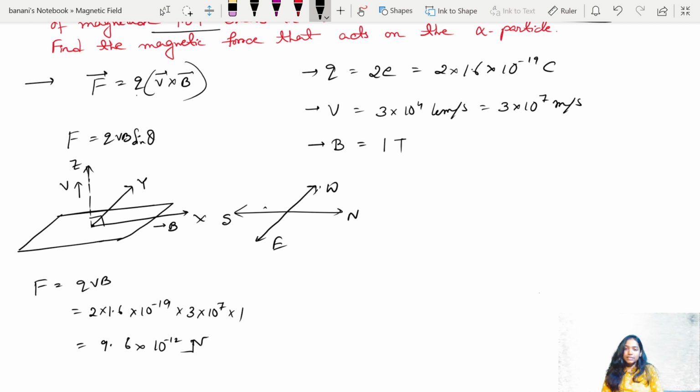Now consider the direction. What will be the direction of this magnetic force? We can use the palm rule.